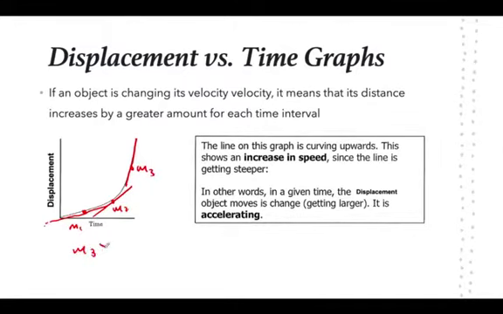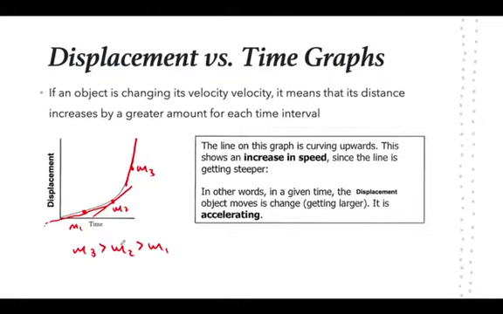Now, I can see that the slope is increasing. And in the previous slide, we mentioned that the slope of a displacement versus time graph gives velocity. So here, the slope at the different points is increasing, which means that the velocity is increasing. And if the velocity is increasing, then that means that the object is accelerating.